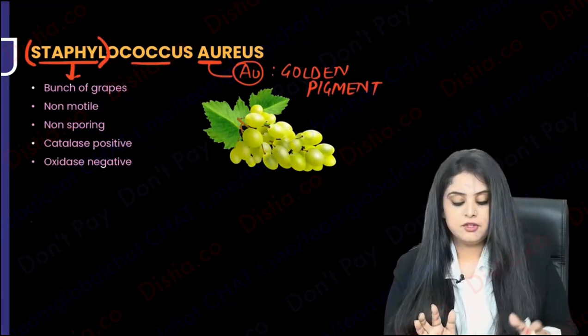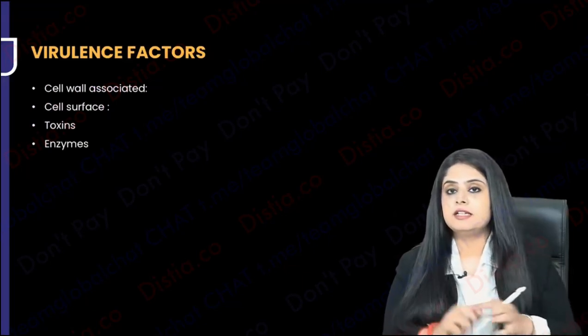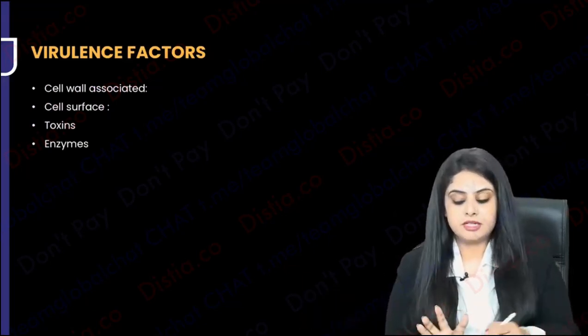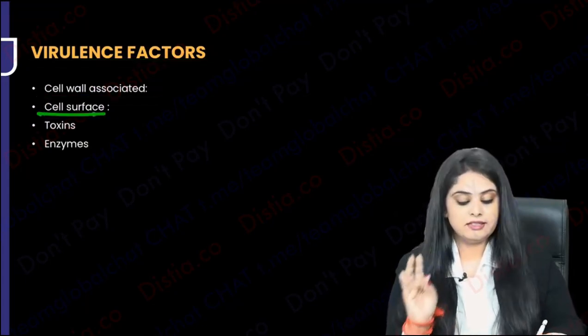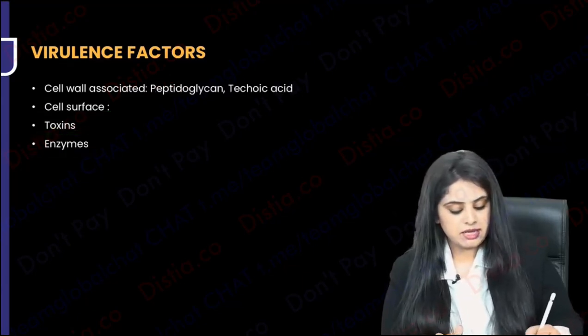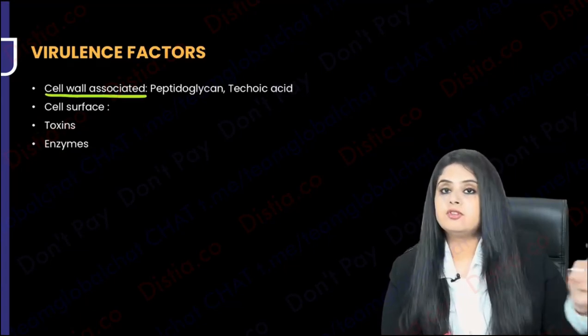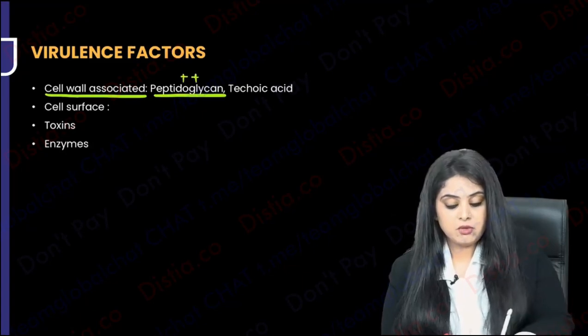Should we start with the virulence factors? So every bacteria will be divided into virulence factors, then clinical features, diagnosis and treatment. Starting with the virulence factor, something that will be present in the cell wall, then cell surface, then toxins and enzymes. So cell wall में क्या होता है? Go back to your general microbiology, you know that the gram-positive cell wall has a lot of peptidoglycan.